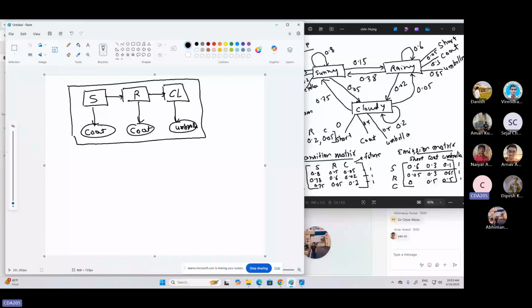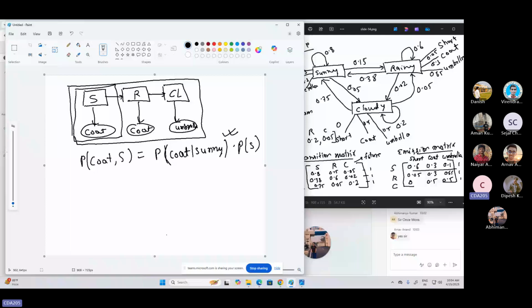When we solve this one, it is P of coat comma sunny. Its formula will be coat given sunny into P of sunny. This will be only that.